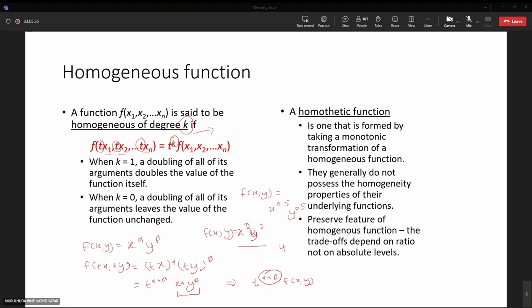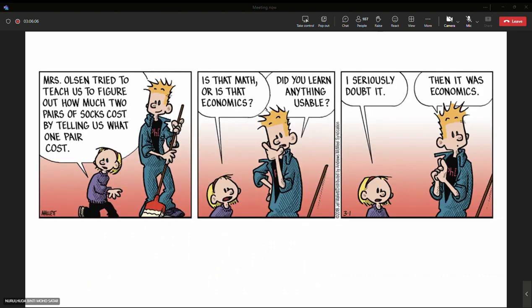That's why we say that most of the time we deal with homothetic functions and monotonic transformations, because the monotonic transformation will not change the order or the trade-off of the two axes that we are going to examine.